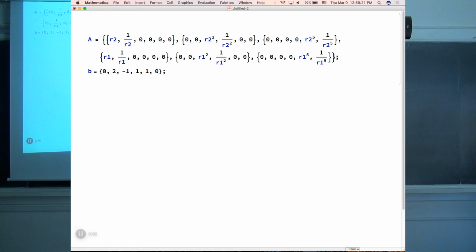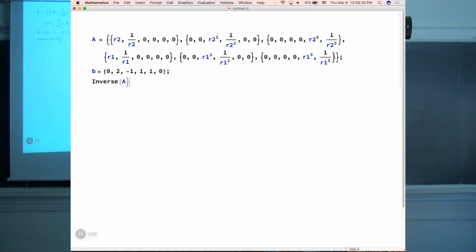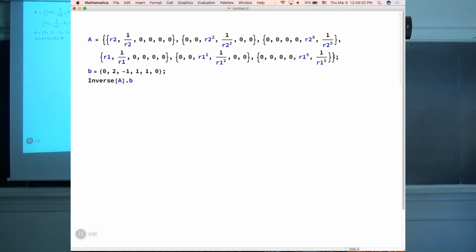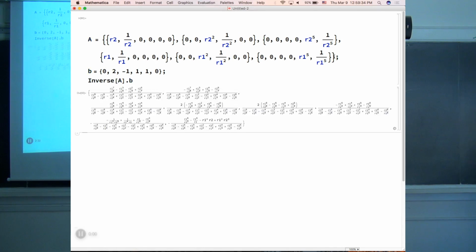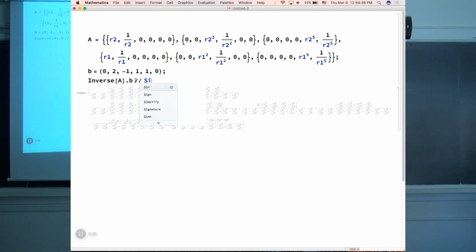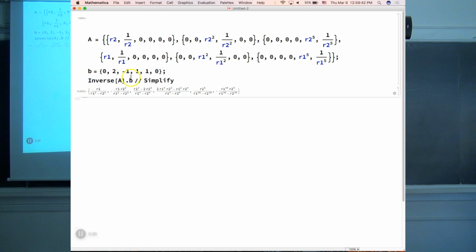Okay. And the answer is the inverse of A times B. And here it is. Oops. I'm sure that's correct. Can we simplify? That's not bad. Can we fully simplify?